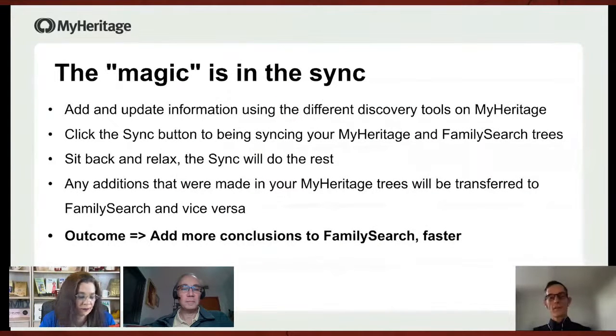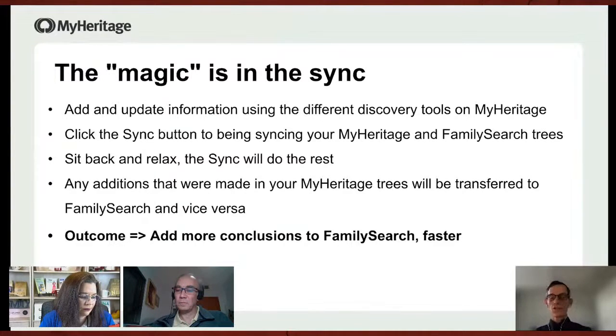So this is great, but the real magic of the sync is what happens once you try to consolidate those two trees. You made changes on MyHeritage to the tree that you brought over from FamilySearch using our discovery tools and whatever you found through records.